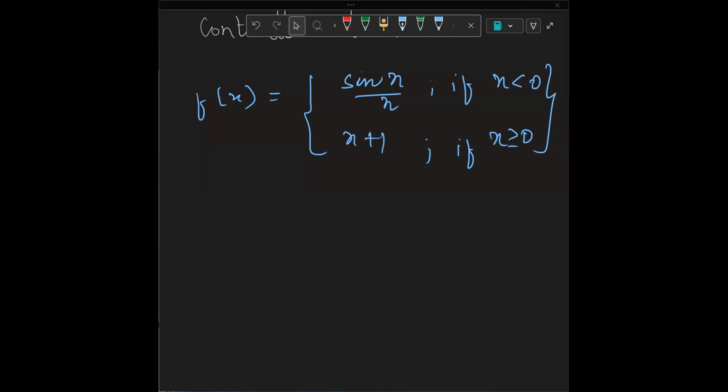If you are getting LHL equal to RHL equal to your function value, then you will say you have no point of discontinuity. And in this question, when you solve considering a constant value like any c, you will get LHL equal to RHL, and that is equal to your function value at that c. Now is it okay?